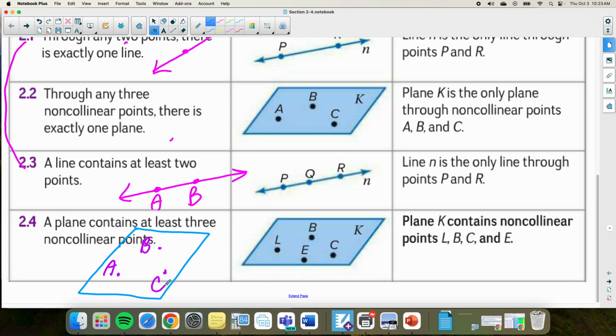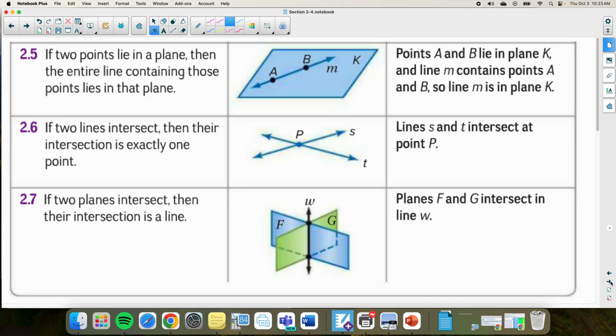Okay, now 2.2 and 2.4 are also very similar. They're like converses of one another. So because of that, if the book said 2.2 and you said 2.4 or vice versa, that would be okay.